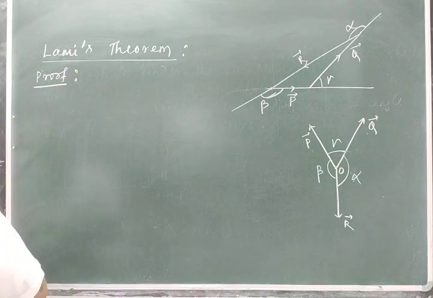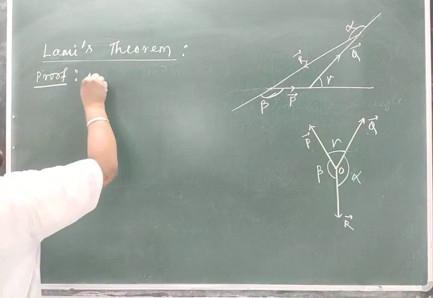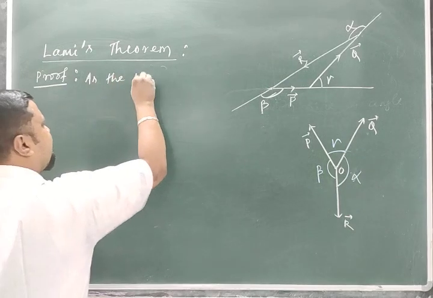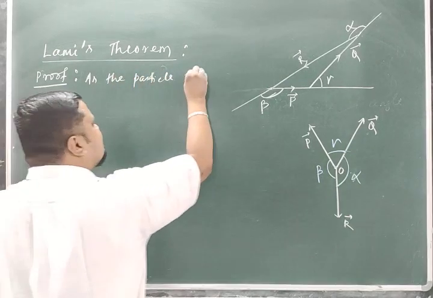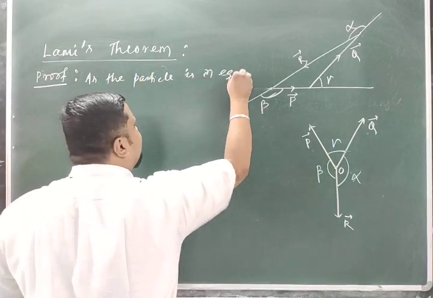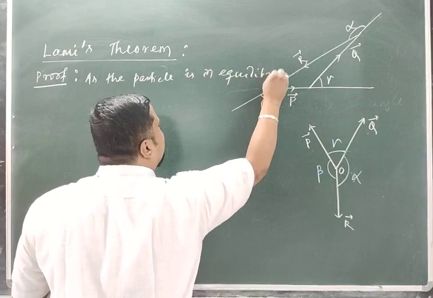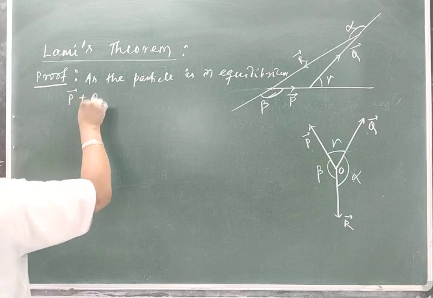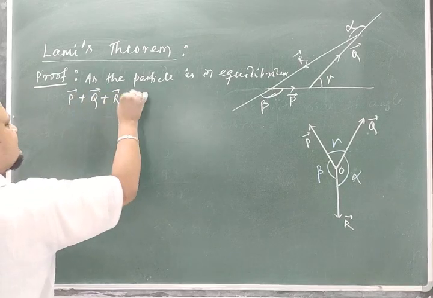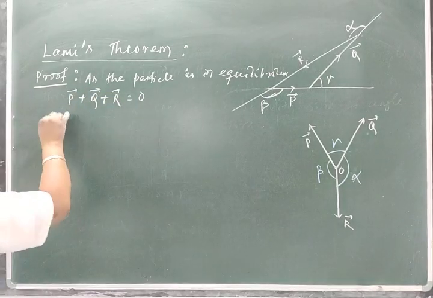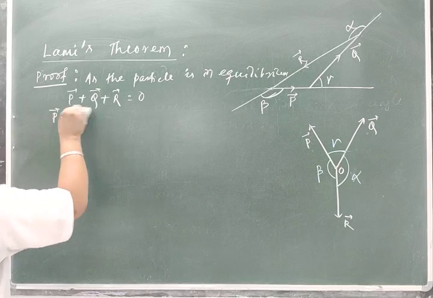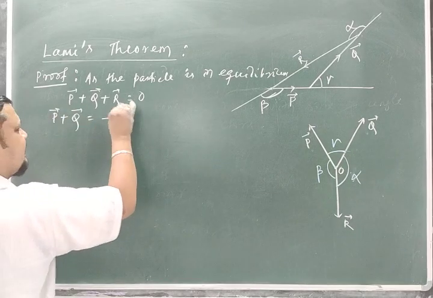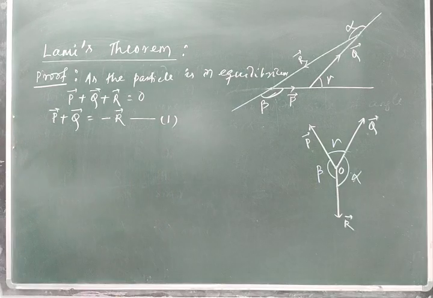As the particle is in equilibrium, then P plus Q plus R, the vector sum, is equal to 0. Or I can write P plus Q is equal to minus R. Let this be equation 1.